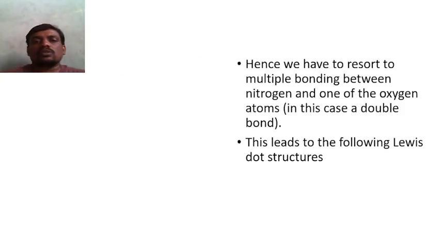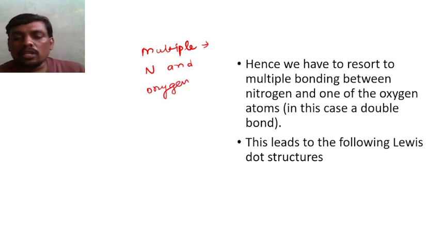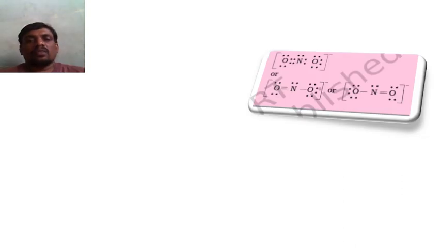Hence we have to resort to a multiple bond between nitrogen and one of the oxygen atoms, in the case of a double bond. This leads to the following Lewis dot structure. You can see in the diagram clearly how this Lewis dot structure looks like, in case of NO2 minus.